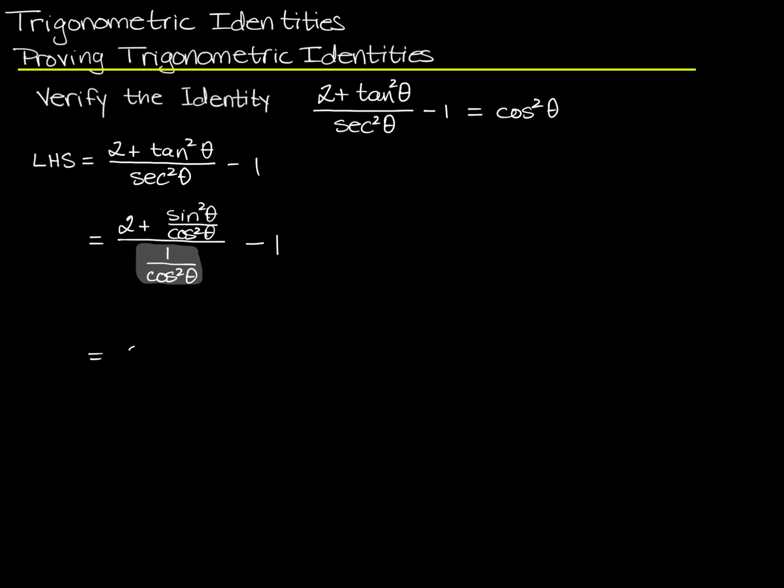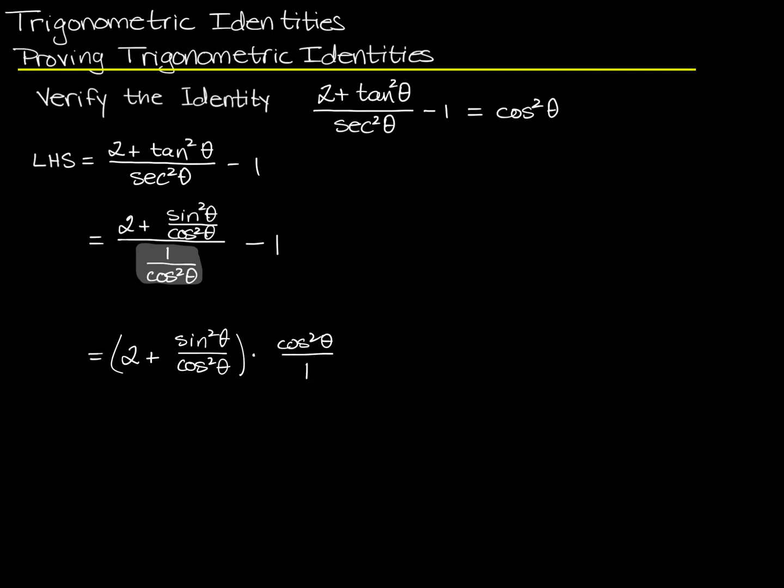I can write this as 2 plus sine squared of theta over cosine squared of theta, all of that, times cosine squared of theta over 1. In other words, since I'm dividing the numerator by the denominator, and the denominator is a fraction, I can write that denominator as the reciprocal and multiply.